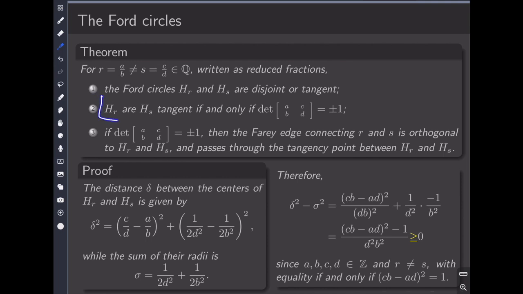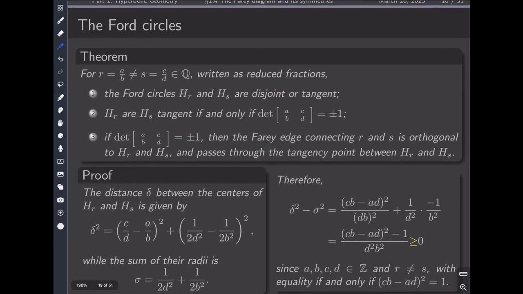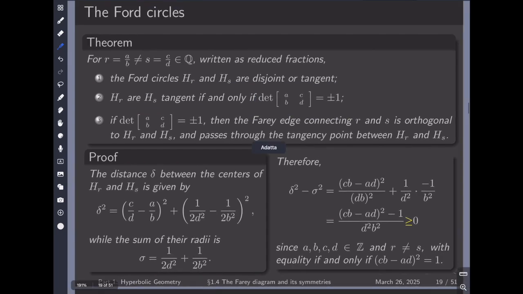Furthermore, they are tangent if and only if their base points are adjacent in the Farey diagram. So this I find really beautiful. But not only that.